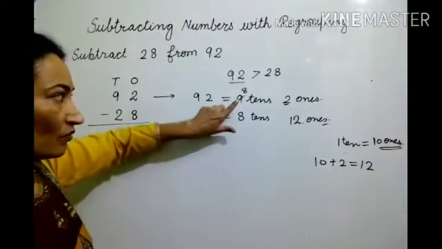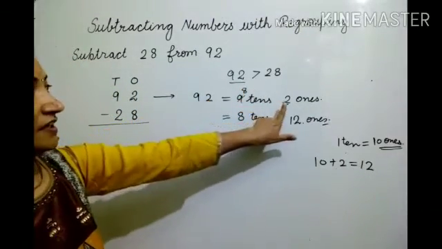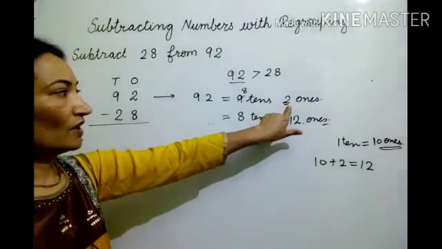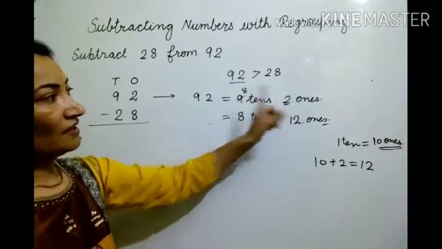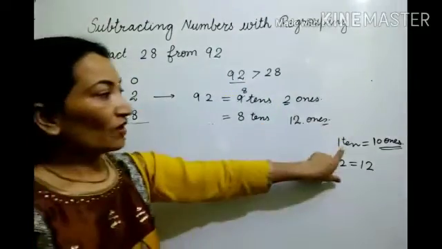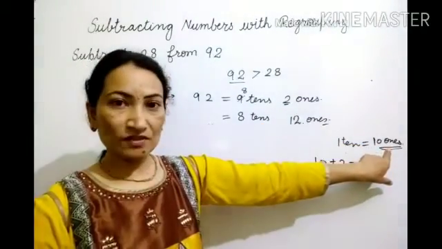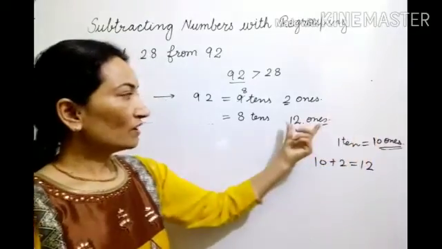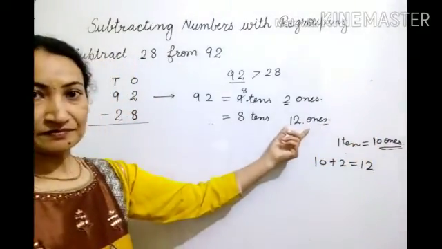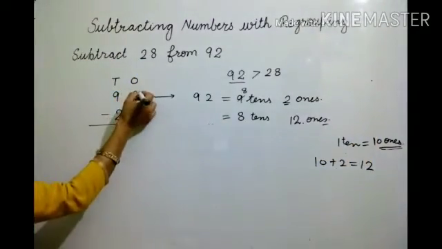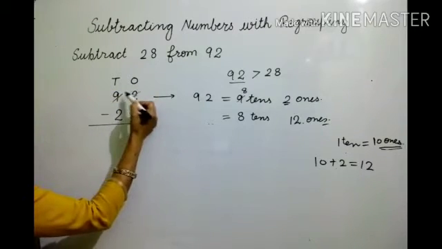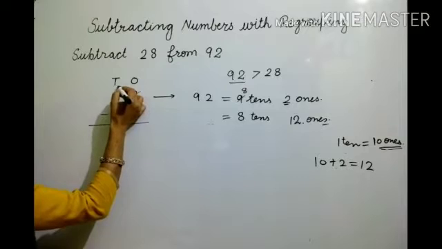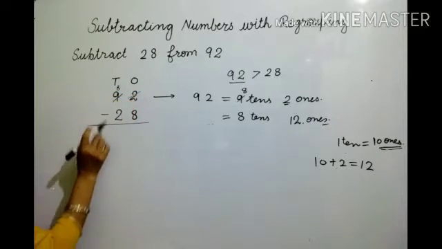Understand? 1 ten is going to the ones, but it turns the ten into ones. 1 ten is equal to 10 ones, so ones will be 12. So we take borrow in this way. 2 will take borrow from 9. 9 will give 1.